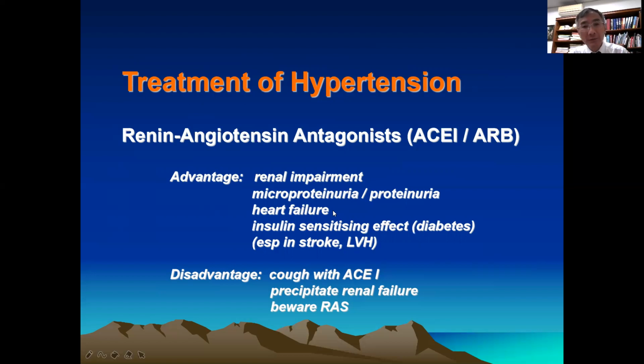Those with systolic heart failure will do well with the heart failure and hypertension when put on ACE inhibitors, ARBs. Now, they all have an insulin sensitizing effect, which means that they can improve diabetic control. They make the insulin function better. And there's some evidence that they are especially useful in patients with stroke and left ventricular hypertrophy.